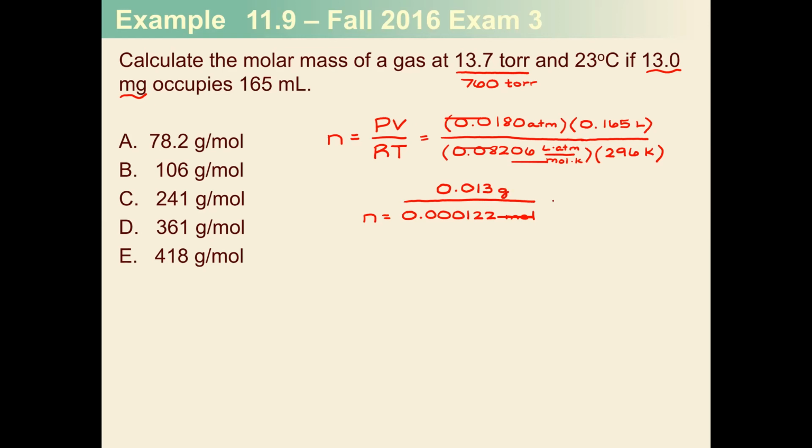And if I do this math, you will see that I get a value of 106 grams per mole. If I look at my answers on the left, you will see that that coincides with answer choice B. So as you've seen in the last two examples, it's really important that you know how to derive these equations when working with the ideal gas law to calculate our density and molar mass.